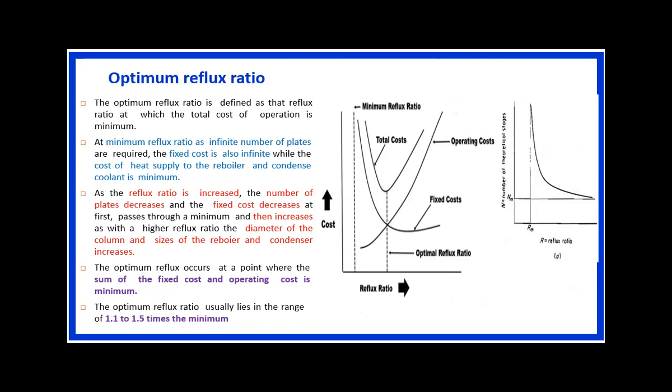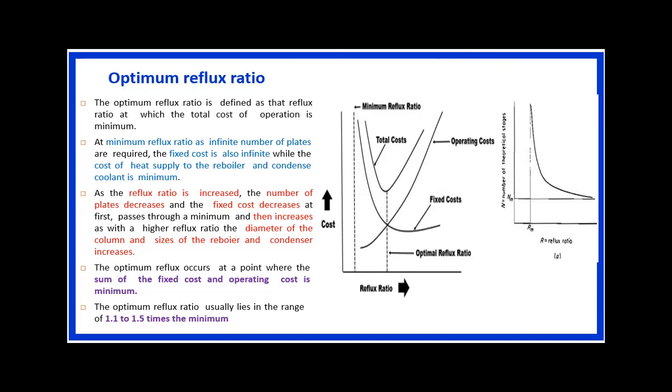In the vice versa case, that is the minimum reflux ratio condition, the minimum reflux ratio indicates the maximum number of plates and minimum heat load on the reboiler and condenser. So what exactly should the reflux ratio be? And that is why the concept of optimum reflux ratio comes into existence.